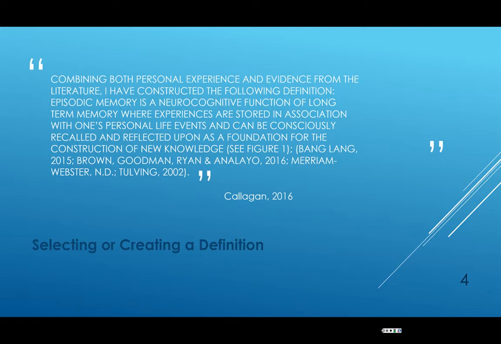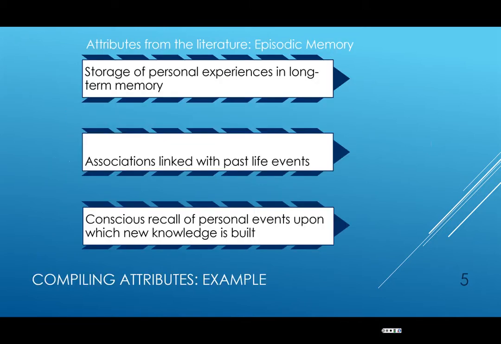But in this instance, the student took her own experiences and the definitions that she found in the literature, and created the definition that starts here with the episodic memory part. And then she took the attributes from about 5 different articles that she had found.